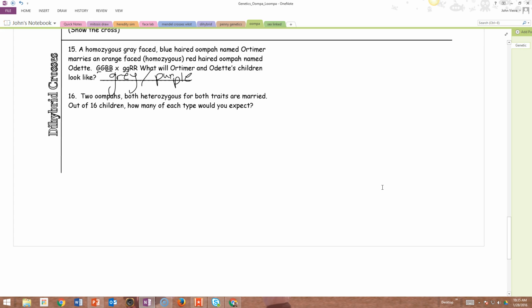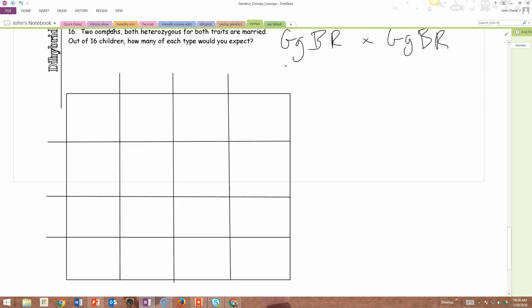So now, 2 Oompa Loompas are heterozygous for both traits. Do this Punnett square. With the phenotypes, how many of each type would you expect? So you're going to FOIL it, right? So first, big G big B, outer, big G big R, inner, little g big B, last, little g, big R. And it's going to be the same for both.